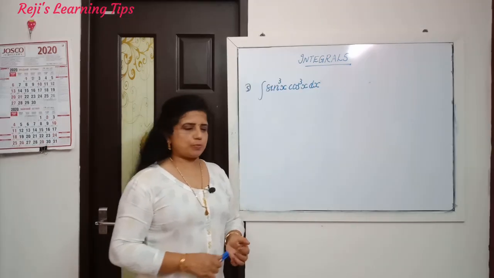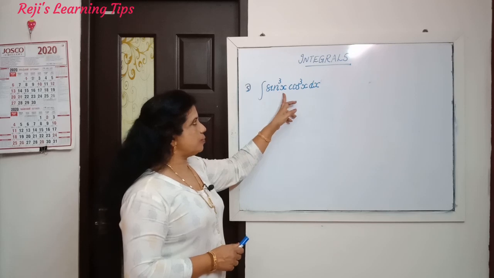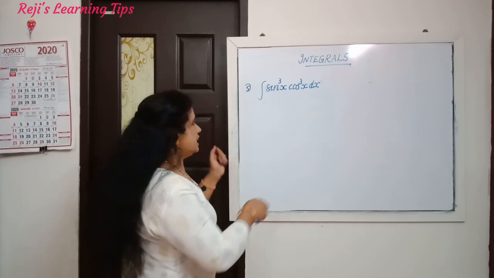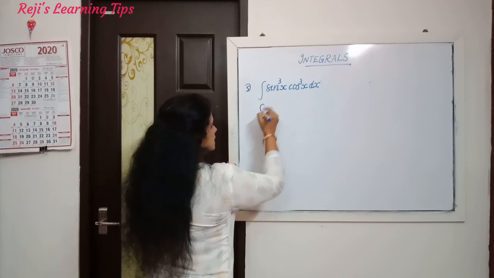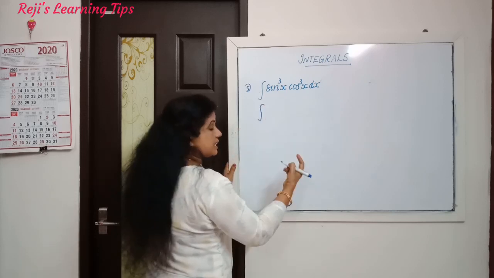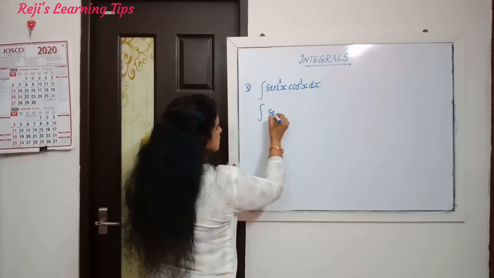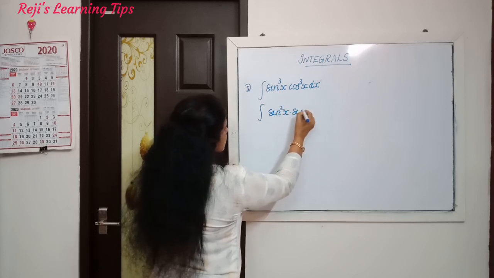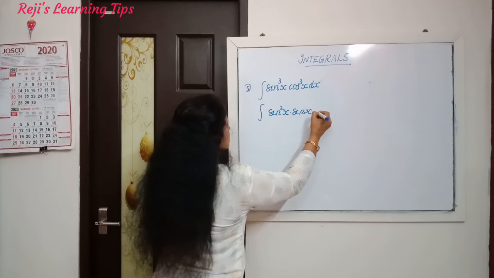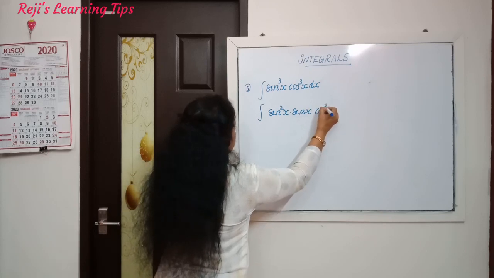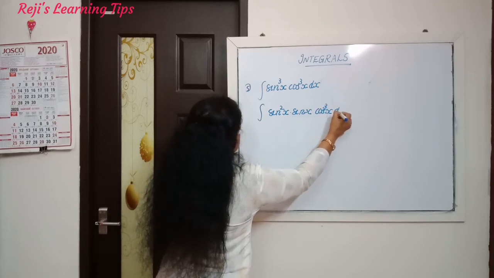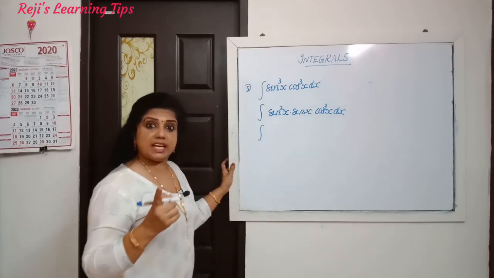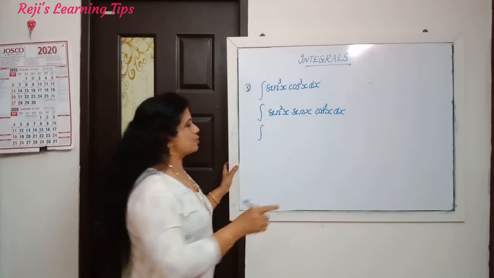Then we can see the next problem. Integral of sin cube x cos cube x dx. Sin cube x, we can split as sin square x into sin x, then cos cube x dx. Then sin square x is 1 minus cos square x.